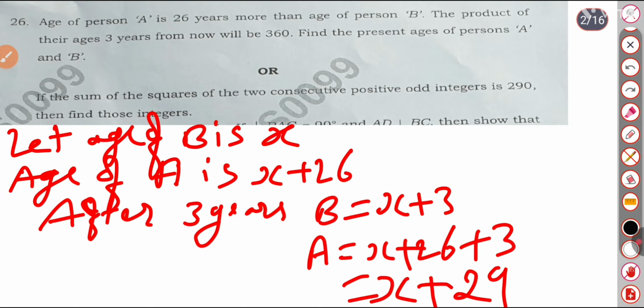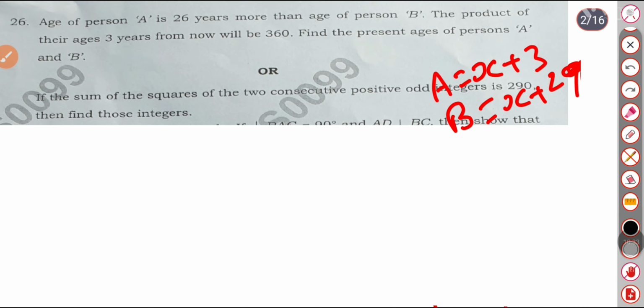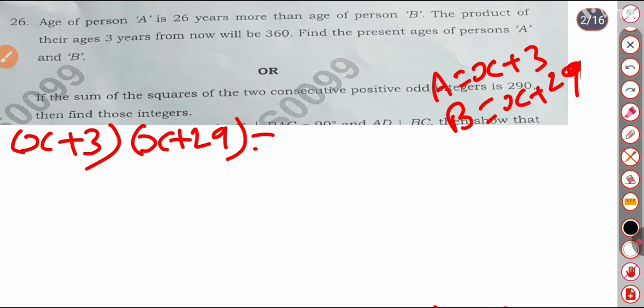Now what they said is that after 3 years the product of their ages will be 360. Product means multiplication, that is (x plus 3) and (x plus 29). If you multiply, we should get 360.